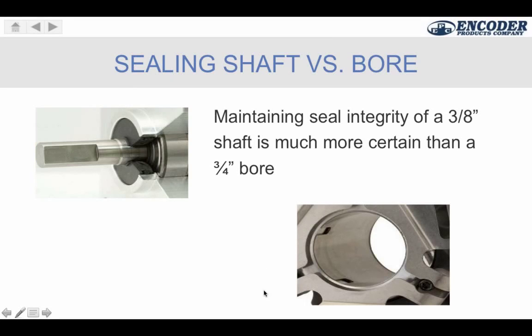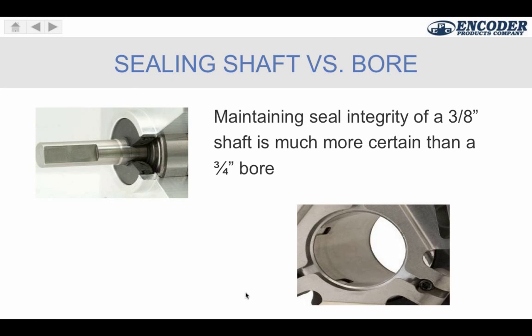One of those considerations is environmental sealing, and we look at the shaft seal. If you think about the task of if you were to pick up a ballpoint pen and ask how is it easier to seal the diameter of that pen versus something closer to a 50-cent piece, the answer is obvious.